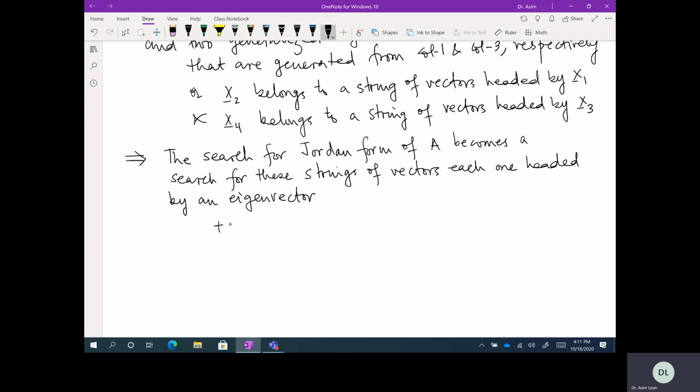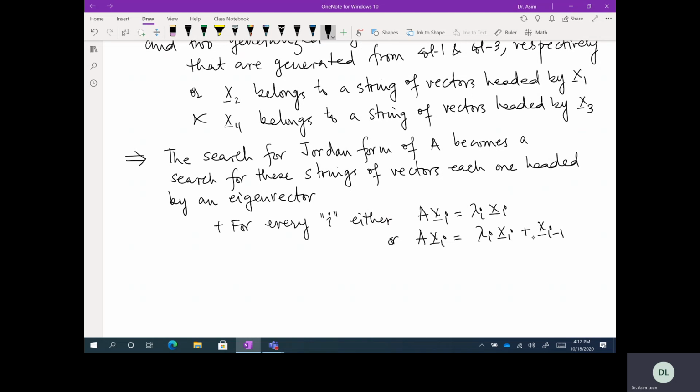So for every i, either A xi equals lambda i xi, or A xi equals lambda i xi plus x of i minus 1. There is no lambda here, this is only 1.